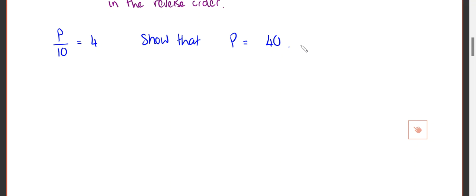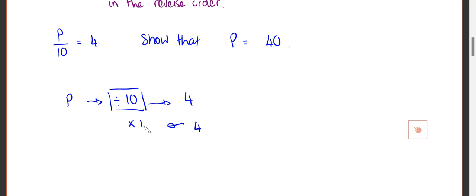Yeah? So this is how I could say. Okay. Did you have a go at doing it? Okay, so I'm going to go P divided by 10, and the answer is 4. So that means the number must be bigger than 4, right? How do we work it out? Well, obviously we do 4, and we must have 10 lots of that, haven't we?